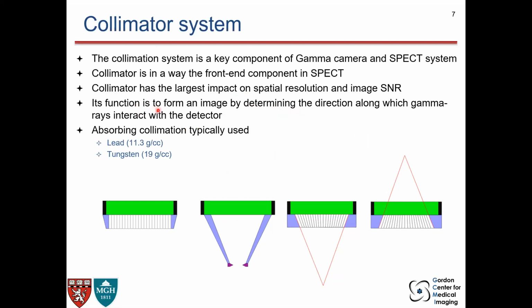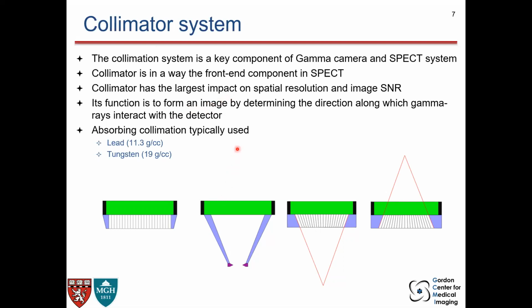And the collimator has the largest impact on the spatial resolution and also the image signal to noise ratio. Remembering from the basics of SPECT or gamma camera versus PET, in a SPECT you have a single gamma coming out of a human body, and therefore there is no coincidence imaging to be applied here.